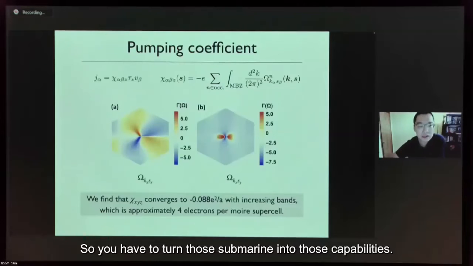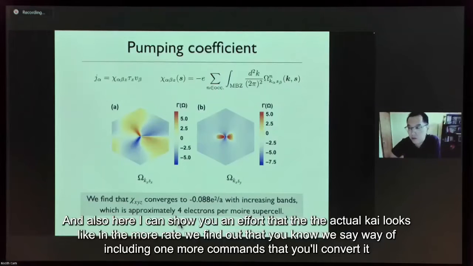And also here I can show you the actual chi response coefficients, which can be written as a summation over the Berry curvature, and this is how the Berry curvature looks like in the Moiré zone. And indeed, we find that when you are including more and more bands, the chi XYZ will converge to this value, which roughly corresponds to 4 electrons per Moiré supercell.